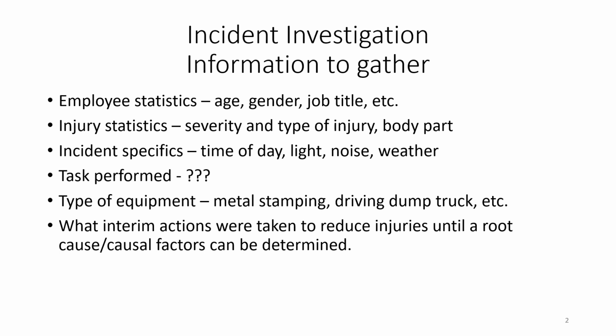Next, we want to look at the injury, the severity, the type. We want to look at the body part. I mean, what part of the body was injured? And then hopefully you never have enough incidents, but maybe what you would have is at the end of the year, after X plants, you see four hand injuries, and three of them are on the right hand, and it's the right index finger.